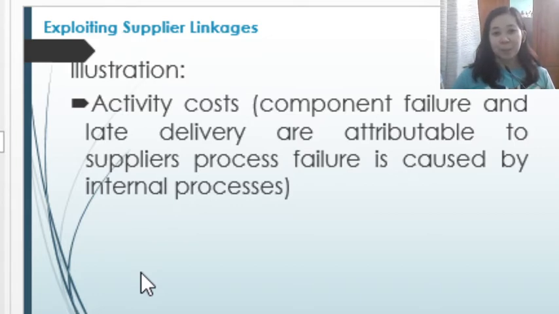Okay, so when this happens, the process failure is caused by the internal processes. But of course, the suppliers also contribute to this activity cost, because of the component failure, meaning a substandard component might be delivered, or there's late delivery.